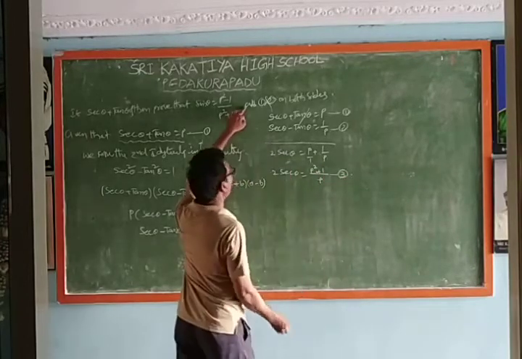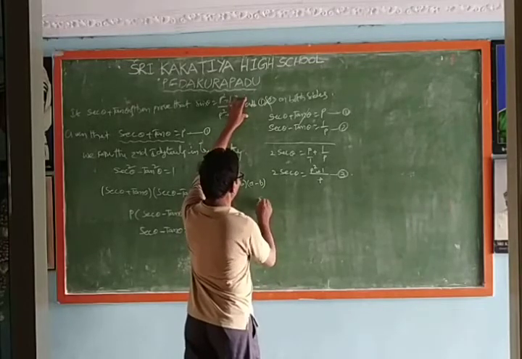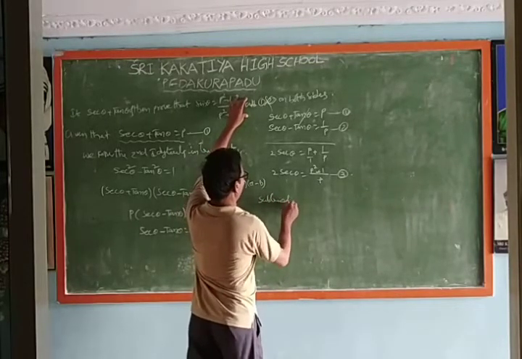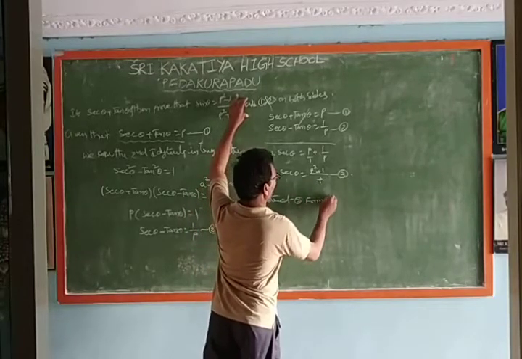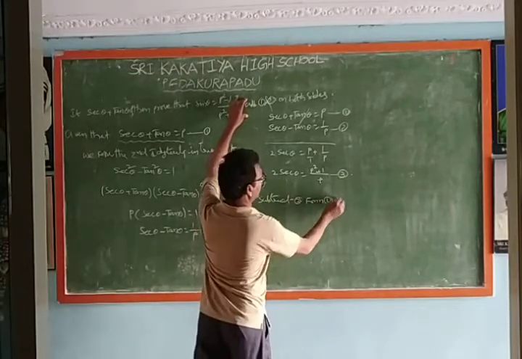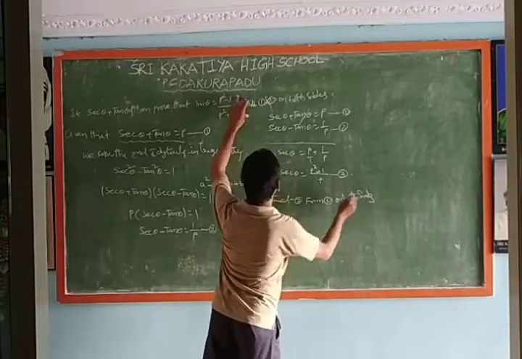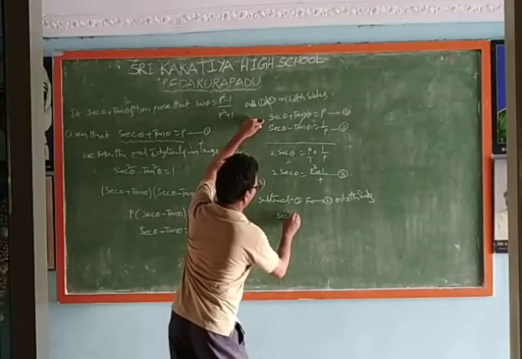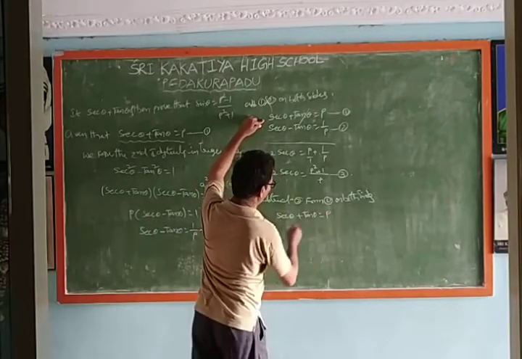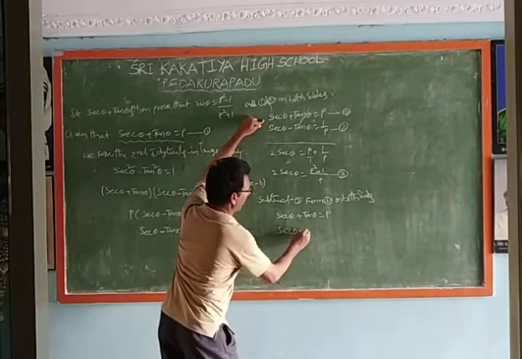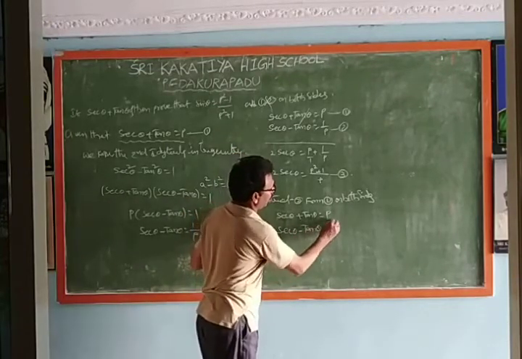Similarly, we want to subtract 2 from 1 on both sides. Secant theta plus tan theta is equal to p and secant theta minus tan theta is equal to 1 by p.